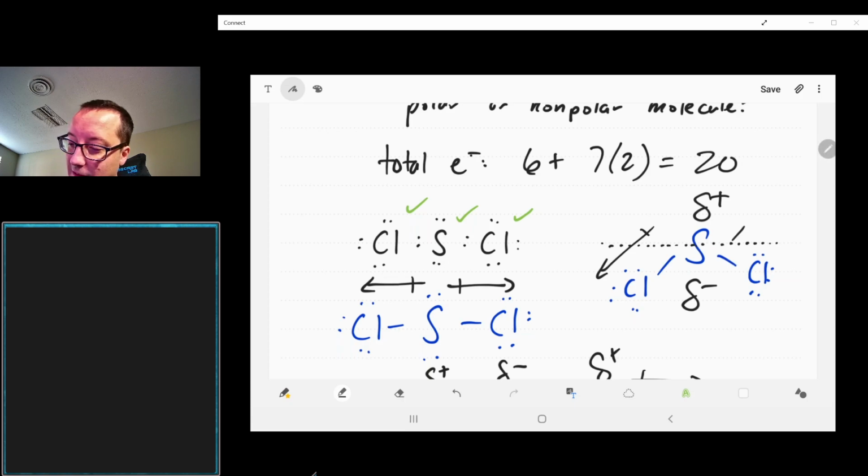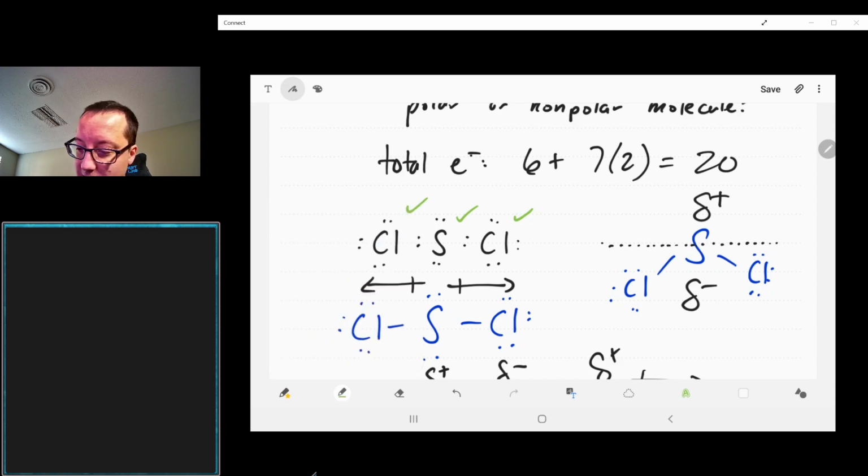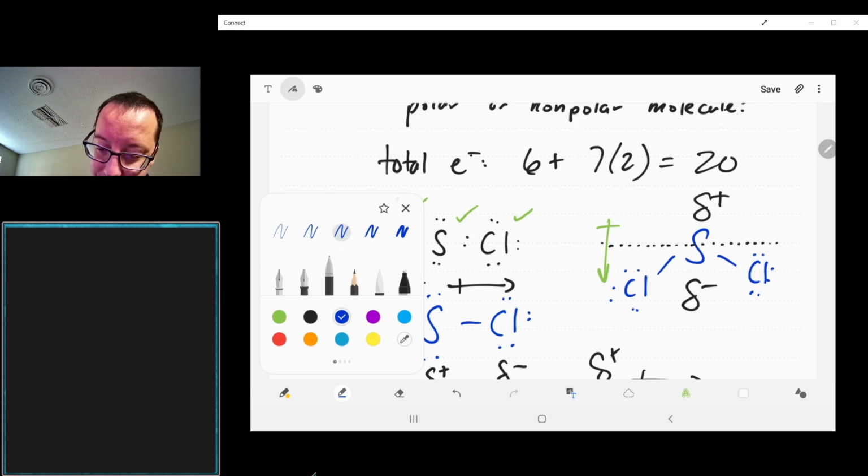But suffice it to say that overall, your overall dipole would look something like this, where it's just up and down if you were to add those two arrows up. The left and right stuff would cancel out, but the up and down part is not canceling out. So you're left overall with a polar molecule.